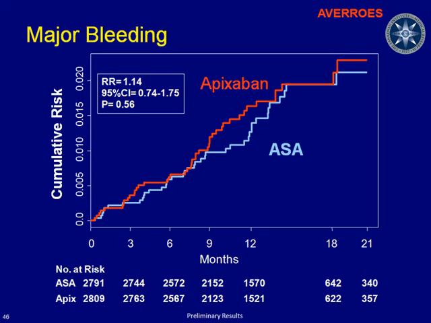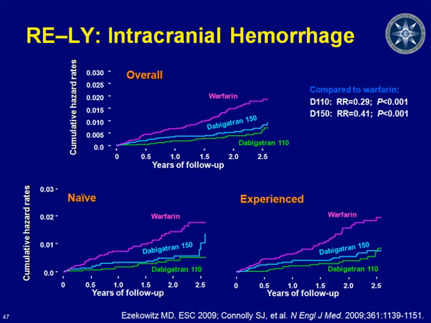Now, getting back to intracranial hemorrhage, because this is one of the most important features of the Dabigatran, there was a very substantial, as this slide shows, reduction in intracranial hemorrhage afforded by the Dabigatran 150 and 110 over Warfarin.